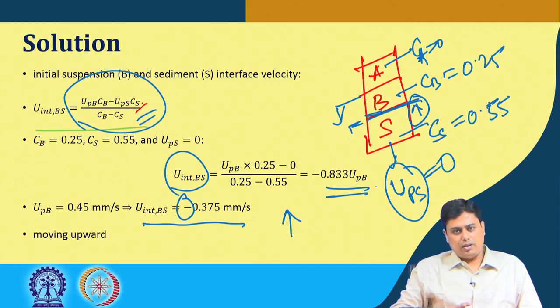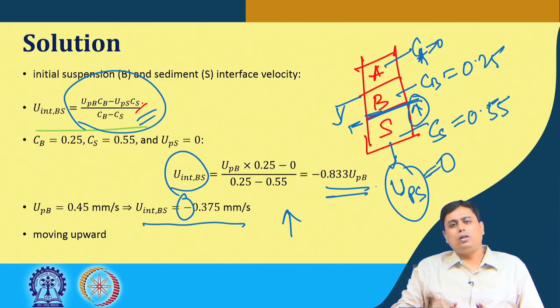If it is Stokes law region, you have a certain value of n. If it is a Newton law region, you have the other value of n. And if it's in between, you have the Khan-Richardson expression to find out the value of n.